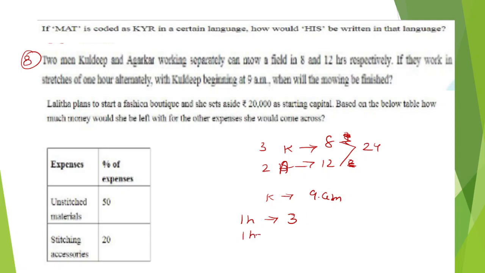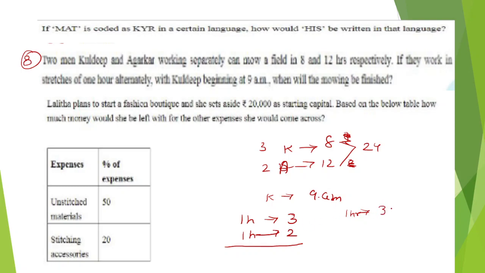Then in the second hour Agarkar with the efficiency of 2, and this will move on like this. Then again after 1 hour Kuldeep will come, so it will again be 3.